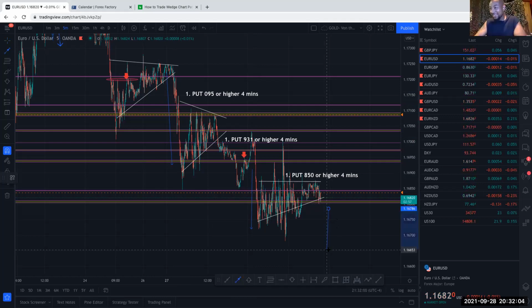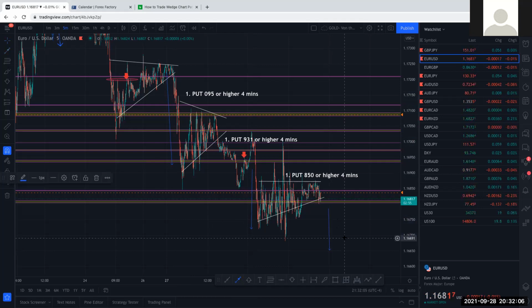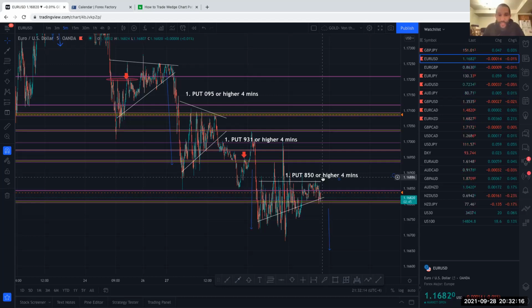Would you stick to the trend just doing sells on that, or would you take the buys off the ascending trend line there, part of the triangle? I would take the buys off the ascending triangle too, because in all honesty, it's a consolidation pattern, and you know Vaughn loves consolidation as well.